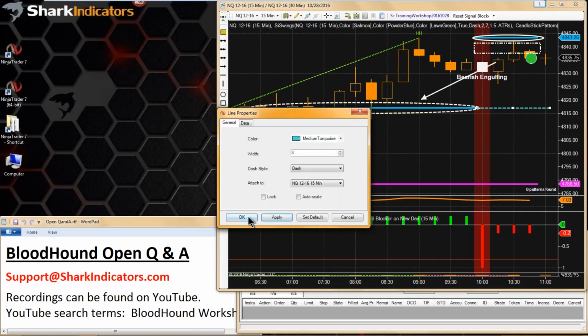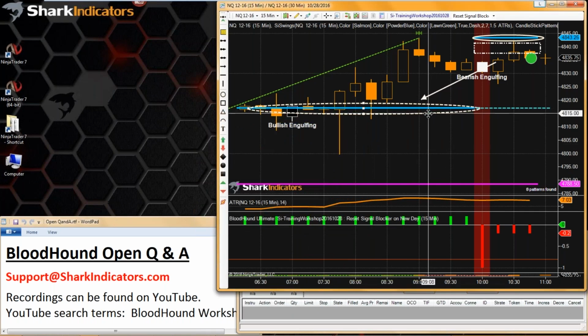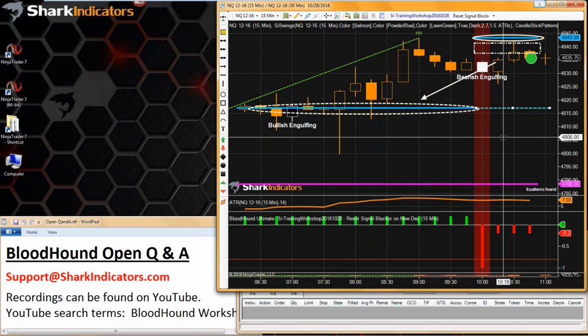So there we go. Just to set an example, you would need additional plots added to your indicator to plot the previous swing points to capture those.